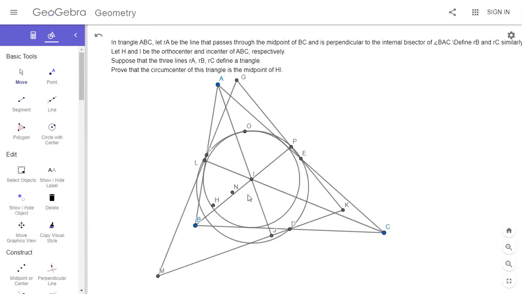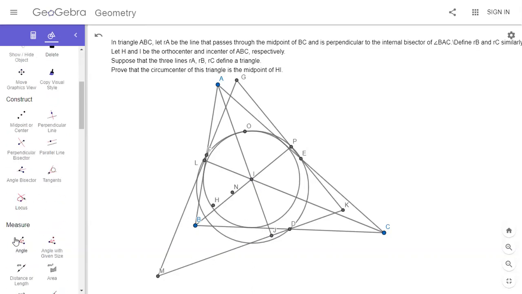Isn't I another point from triangle MGK? I'm wondering, it's not the in-center, but maybe it's something else. Yeah, it's not the in-center.